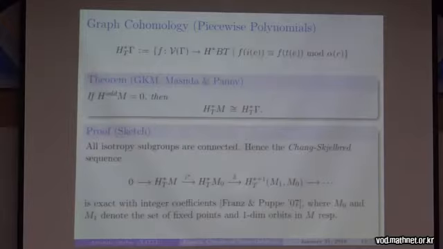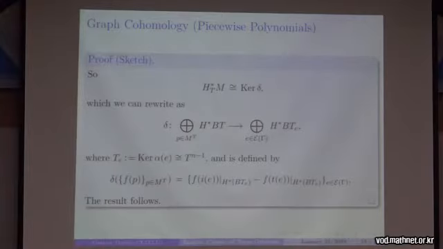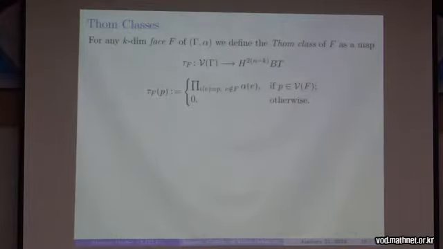Okay, so that really changes the setting from the equivariant cohomology of the manifold in a geometrical setting to a combinatorial setting. But we still haven't really calculated anything as such. And this changes when we take some specific piecewise polynomials in that graph cohomology. These are called the Thom classes of faces of the graph.